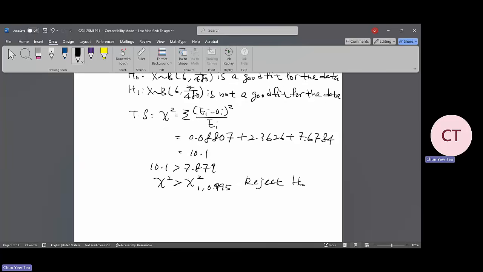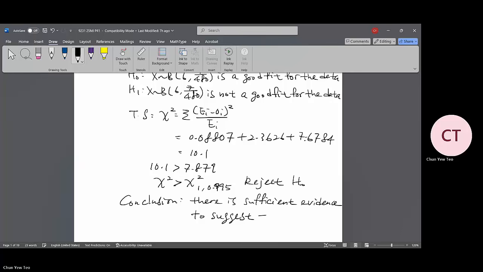So conclusion, there is sufficient evidence to suggest that the binomial distribution with n equal to 6 and p equal to 7 over 480 is not a good fit for the data.